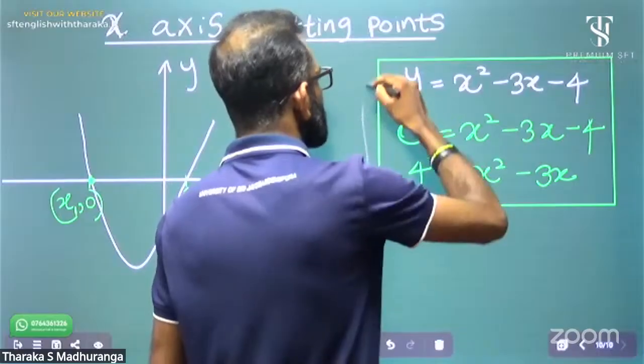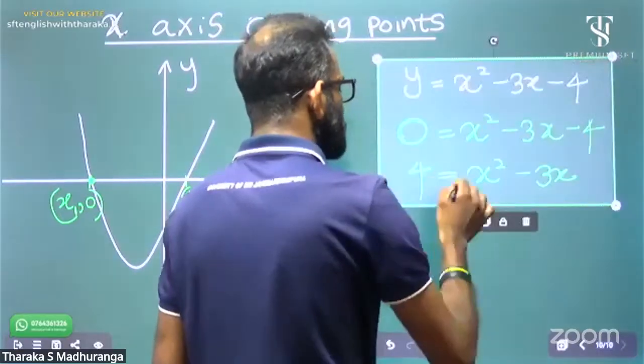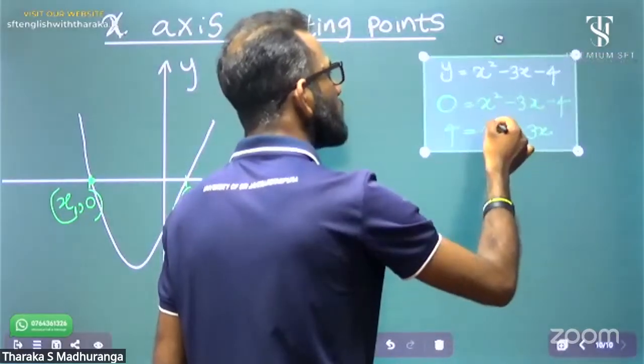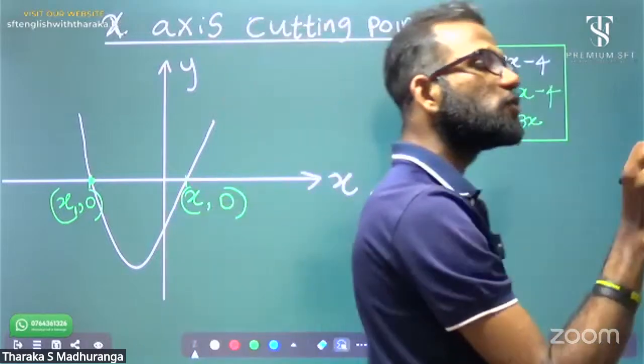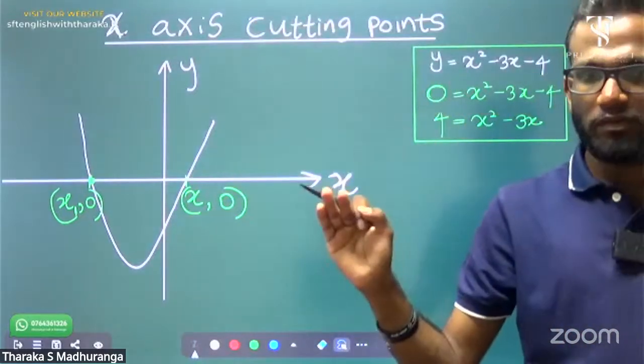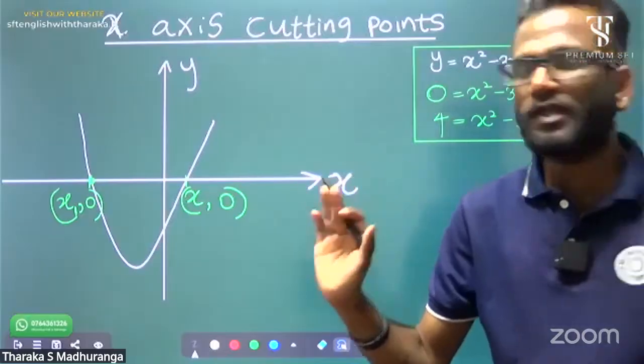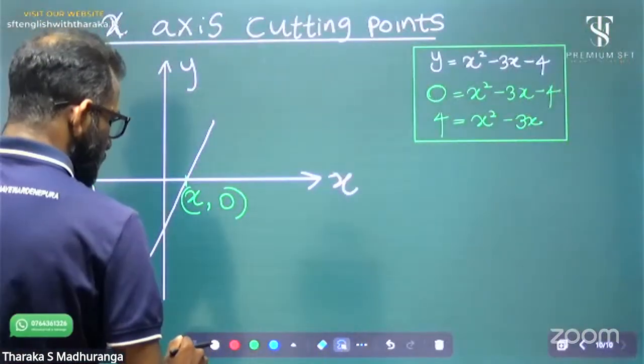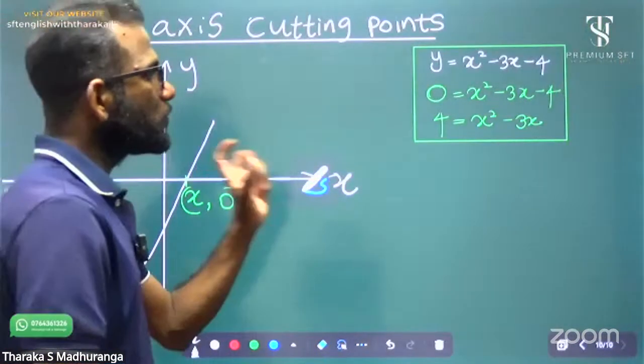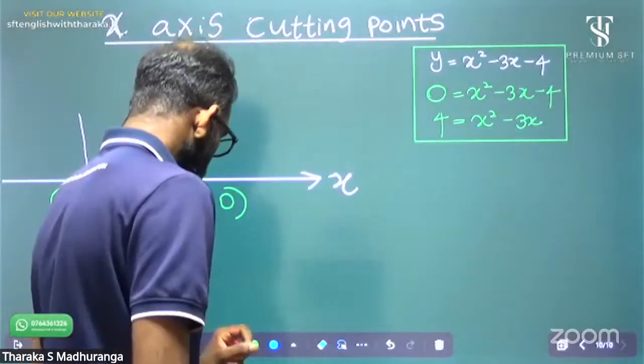Very simple. Okay, that's the principle. First understand the principle: at the cutting point of the x-axis, the y value is always 0. That's the principle to calculate the x-axis cutting point. Now we can use this equation to calculate this value.